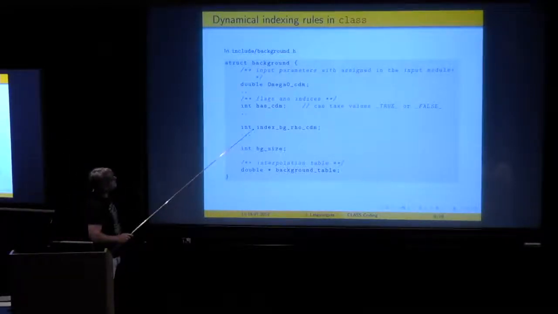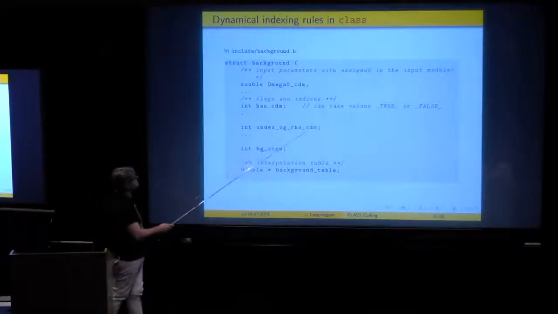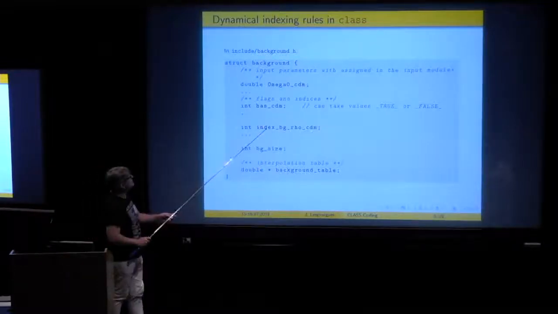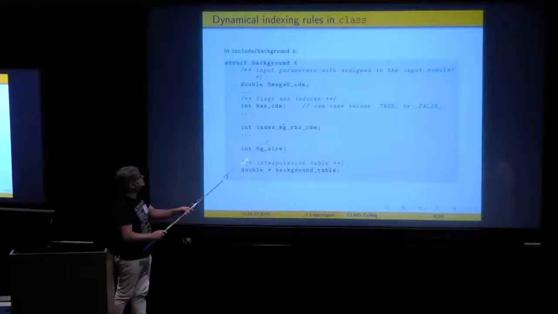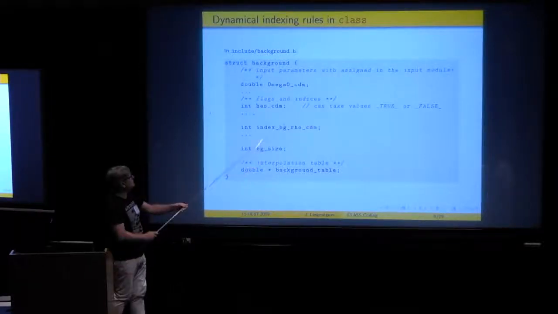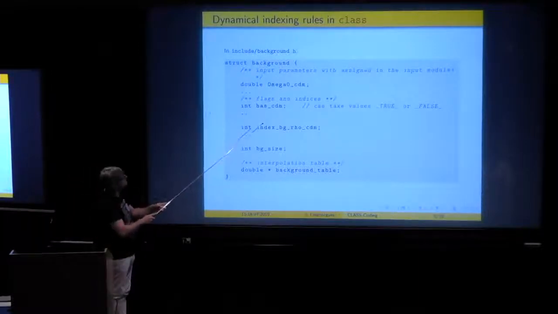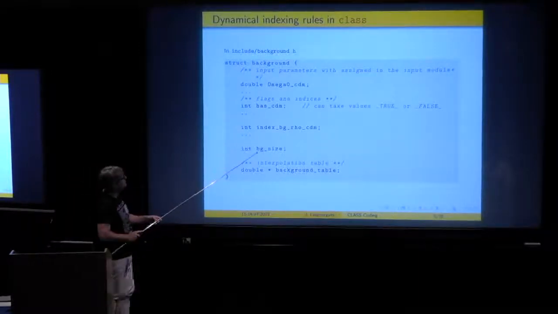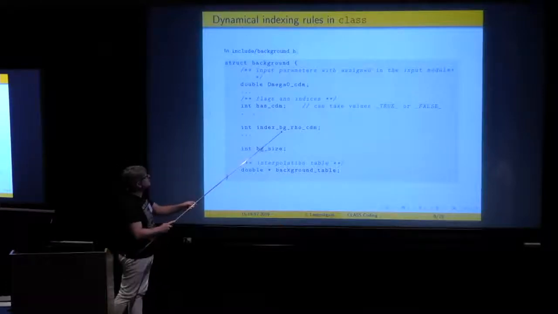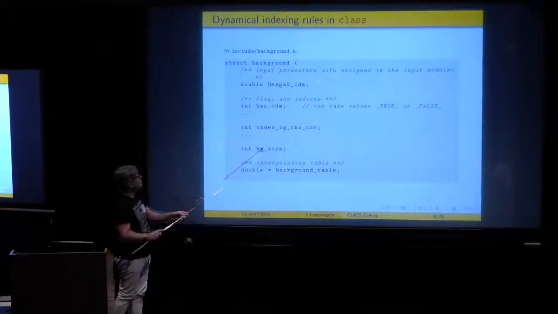Later on, you find another integer called index_bg_rho_cdm. It means the index of the background quantity rho of cold dark matter, and you find one for each species. After the declaration of all the index_ variables, you find bg_size, the acronym referring to this series of index_ sizes.